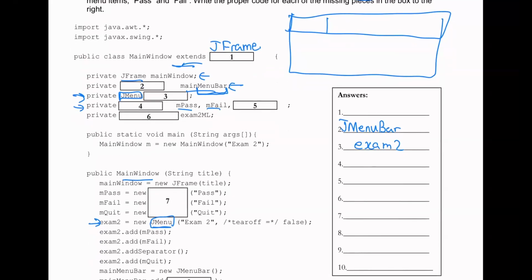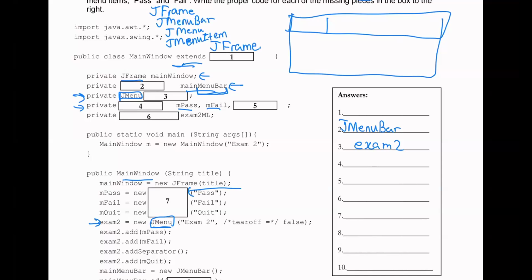So here, oh, now he doesn't give you. So you need to know what should be in number 4. Yes, JMenuItem. What you need to know is JFrame. JFrame is the biggest thing, and then JMenuBar, and then JMenu, and then JMenuItem.